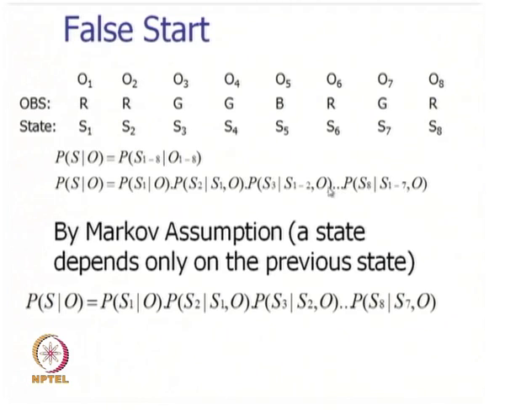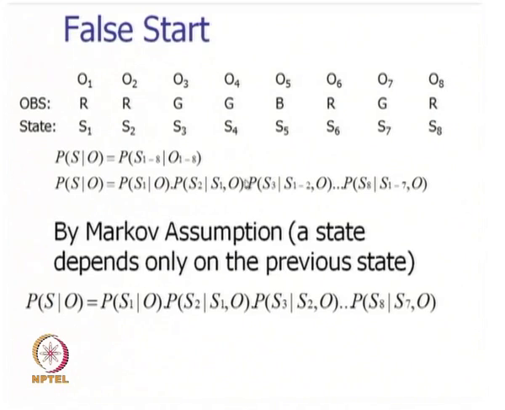So, S1 to 7 should be understood to mean S1, S2, S3 up to S7. This is the way the whole probability is broken down into a set of probability values whose product is taken.